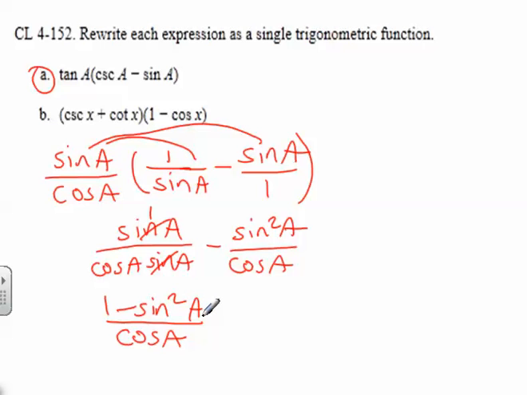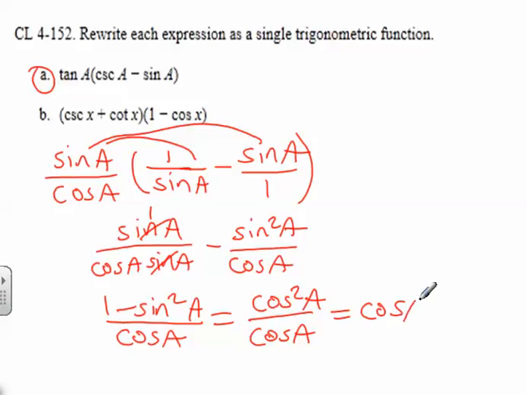From the fundamental Pythagorean identity, I could rearrange that to get this. The same is cosine squared of A over cosine of A. And cosine squared divided by cosine leaves just cosine of A. So there's the final result. All of this turns into this, just cosine of A.